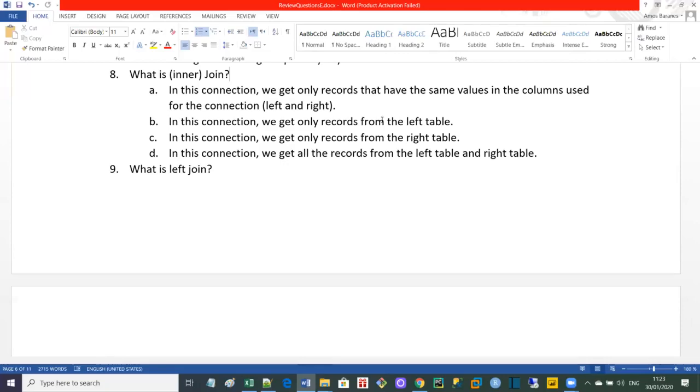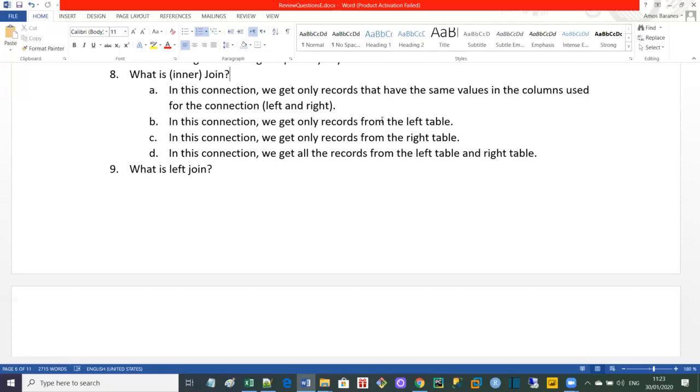So we'll say from table A, join table B, on, and the on will show which columns in each table we're connecting to each other. So left and right refer to the tables I'm writing to the left or the right of the word join.